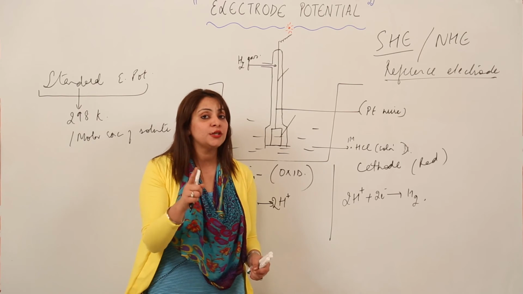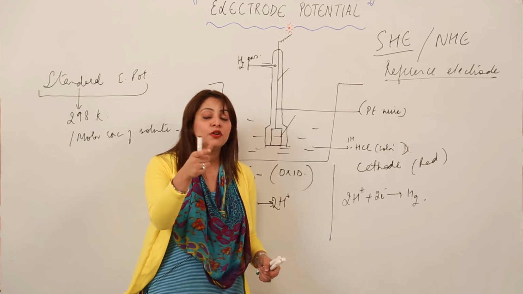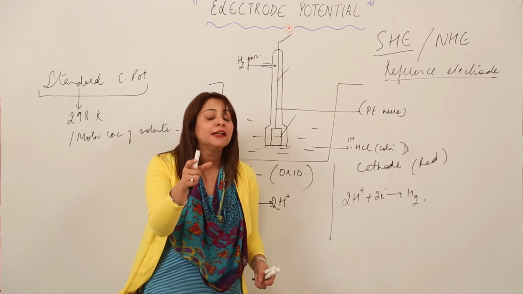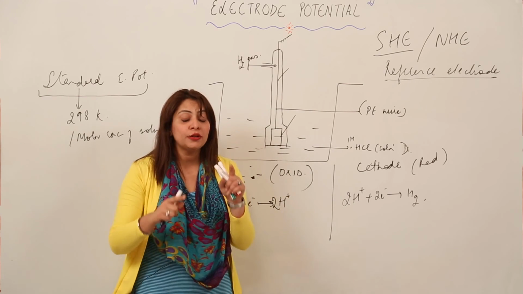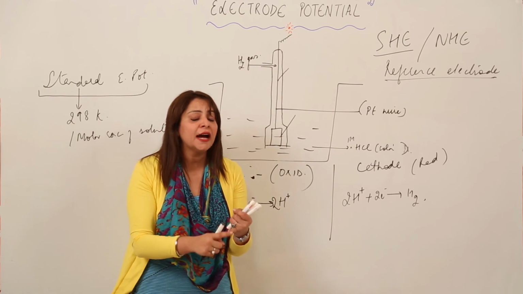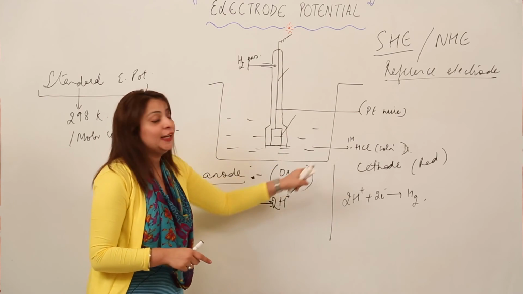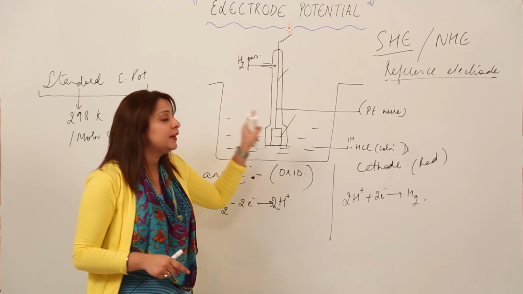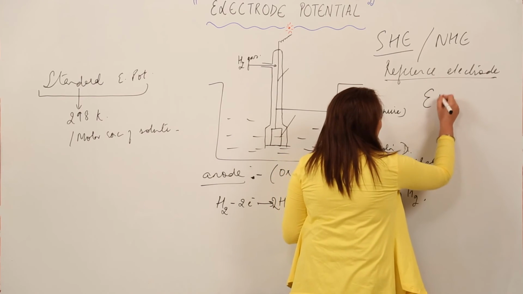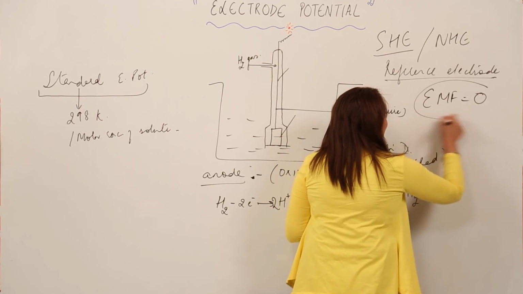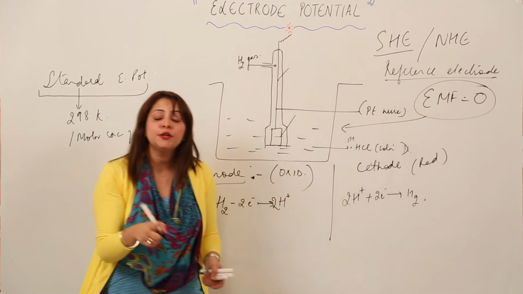One more thing you get to know, because we will be needing the relative value for the EMF. You have to cling to this fact that the EMF value for this SHE is arbitrarily taken as 0. So the EMF for this SHE is decided to be 0.